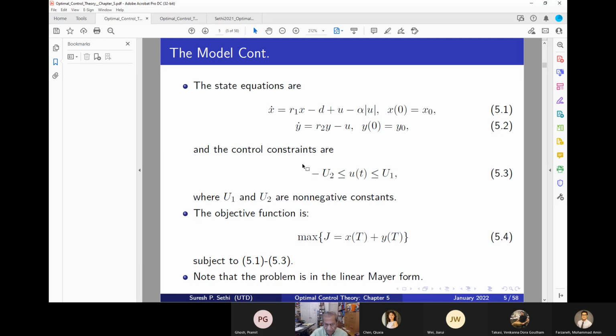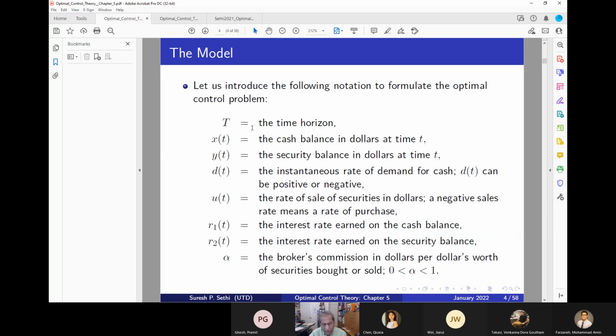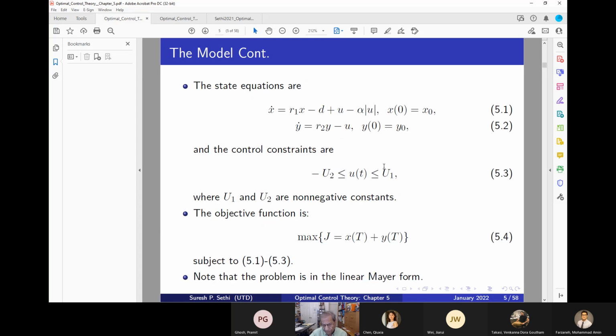Remember, I'm assuming a short horizon, so I'm not using a discount rate. You could if you want to, but I'm not using it. So you can see that the Meyer form can be intuitively argued to be the same as the Bolza form, where I would have to integrate all the earnings that I have at each point in time and then give you the net, maximize the net earnings.